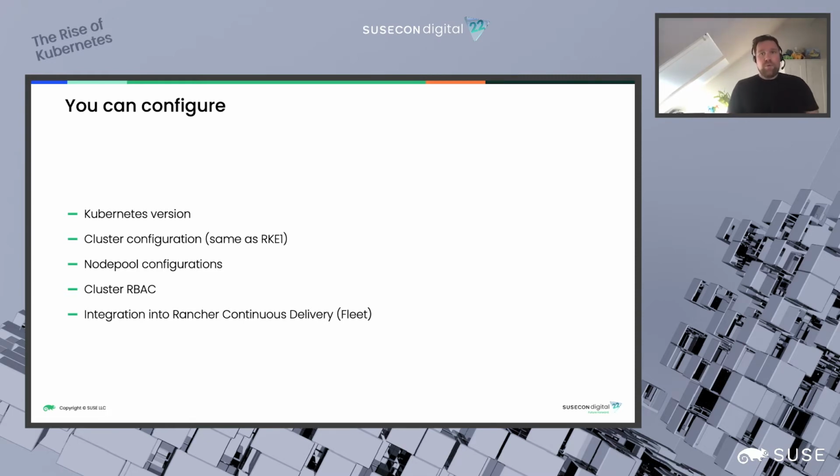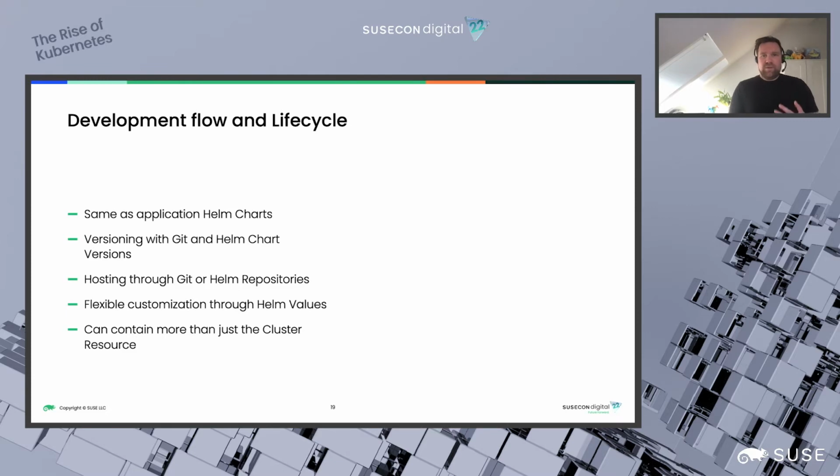And the whole deployment flow and lifecycle of these cluster templates is then the same as any other Helm chart. You can put these cluster template Helm charts into a Git repository. You can version it in Git with just normal Helm chart versioning. You can then include this into Rancher through any Helm repository, or even just by adding the Git repository to Rancher.